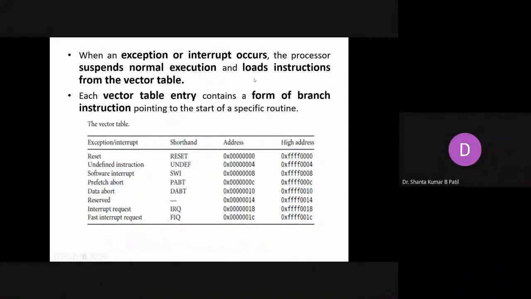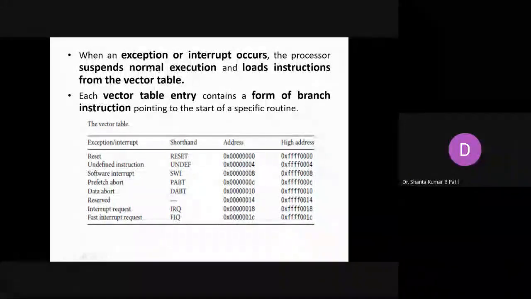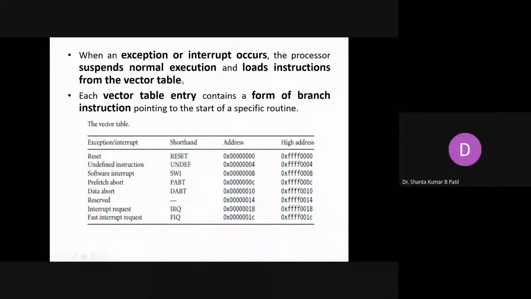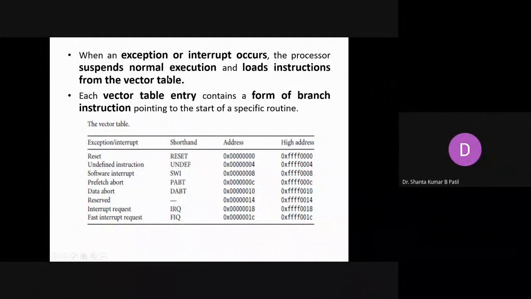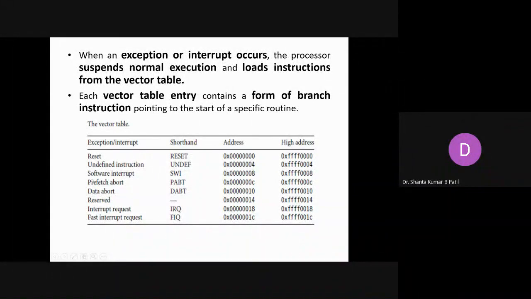When an exception or interrupt occurs, the processor suspends normal execution of the user program and loads the instruction from the vector table, where the ISR of the particular device is stored. Each vector table entry contains a branch instruction pointing to the start of the specific routine. For example, I have shown you reset and undefined instruction.